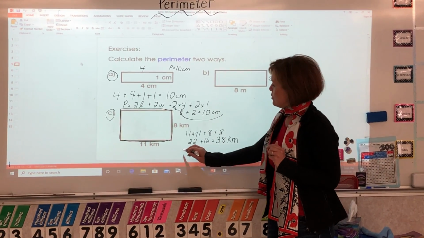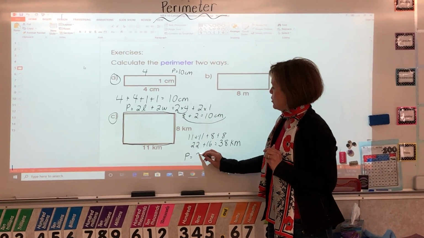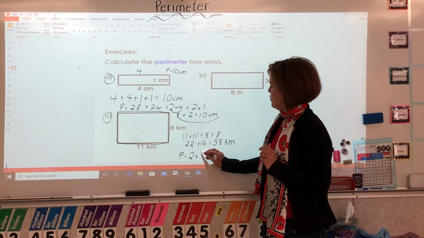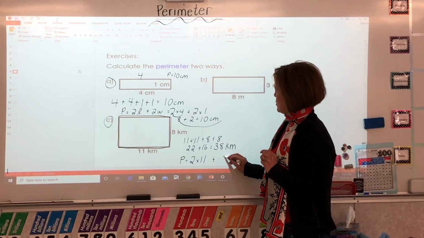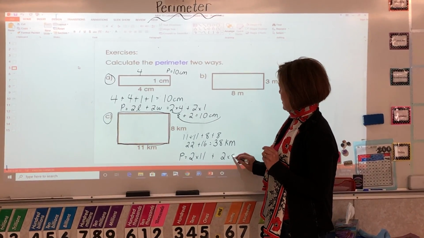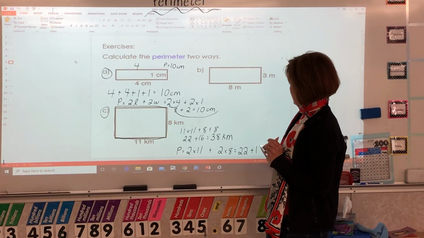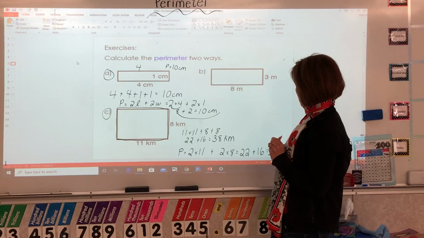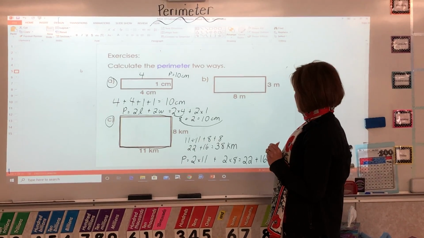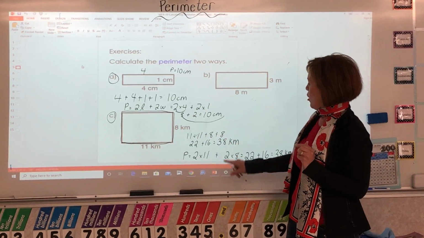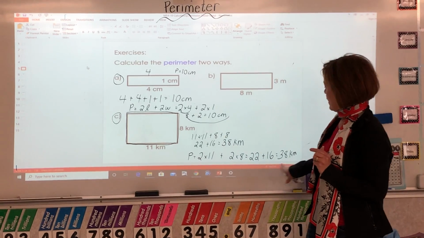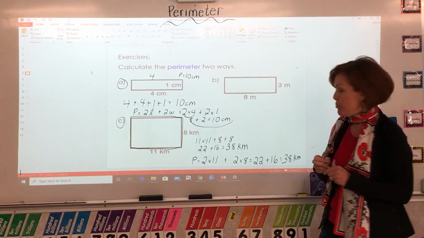You could also use our formula, equals 2 lengths, 2 times 11, plus 2 widths, 2 times 8. And again, you'll see it's the same thing, 22 plus 16, or 38 kilometers. So you can do it the simple way, or you can do it with a formula. Those are your 2 options for finding perimeter today.